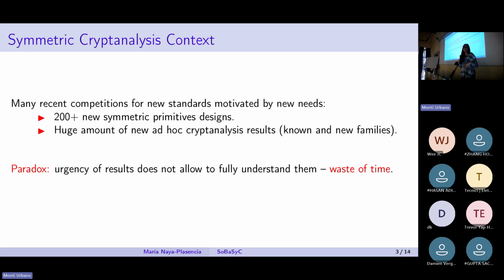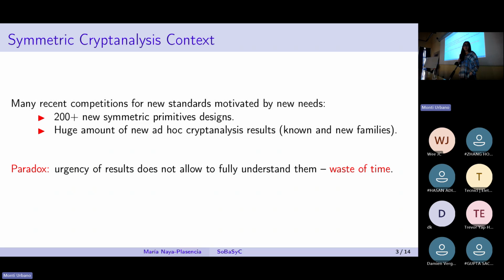And this has implied a huge amount of new ad hoc cryptanalysis results. They are cryptanalyses that use already known families of attacks with some new variants and new ideas, and also new families of attacks have appeared in this last decade. This is a lot of information that I think is very hard to compact and to really assimilate.